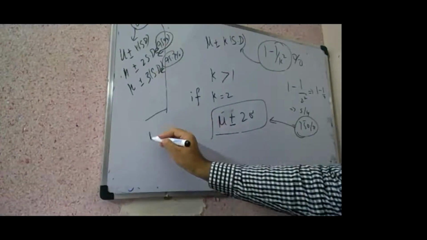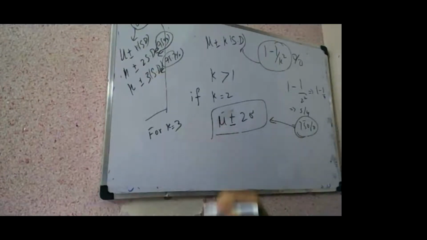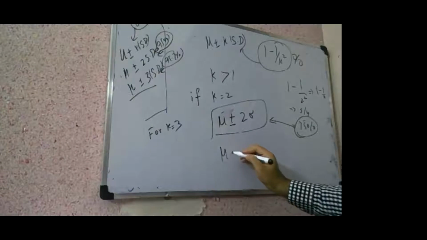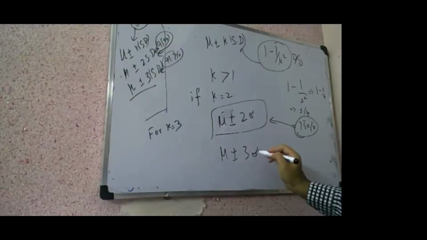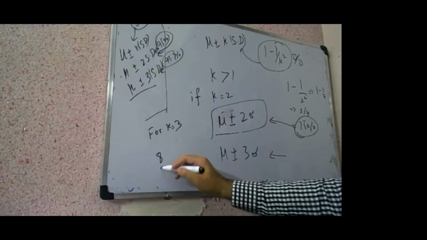And do it at home for k is 3, because we just have 1, 2, 3. For k is 3, first take out mu plus minus 3 sigma. So how much data? Instead of 2 it is 3, 3 square is 9, 1 by 9, then 9 minus 1, 8 by 9.